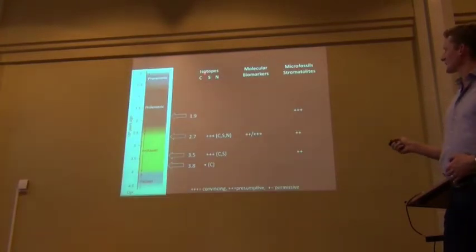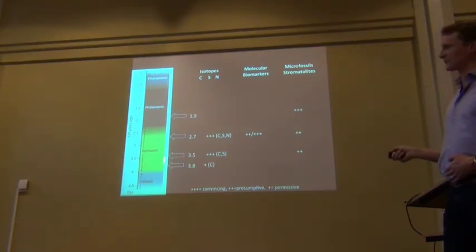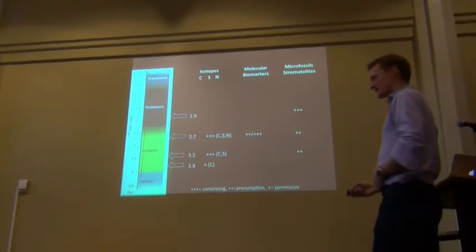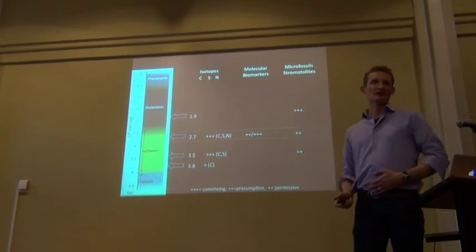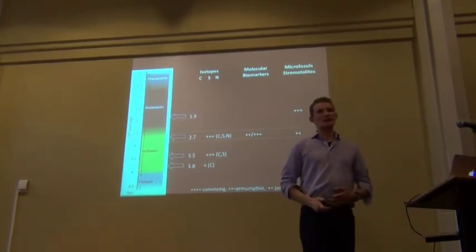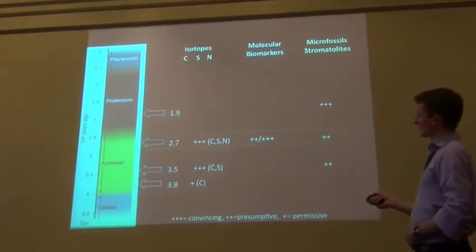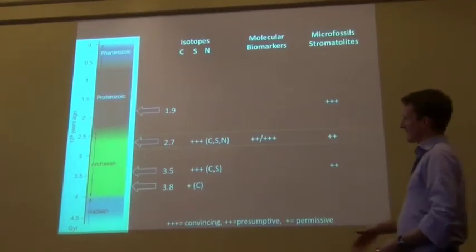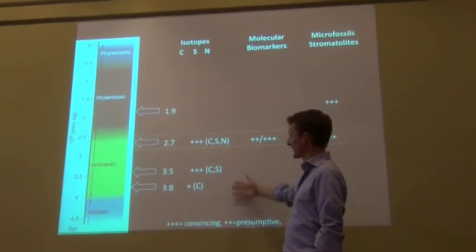And when we do that, here we have our isotope data, here are our molecular biomarkers, and here are our microfossils. We can put all of that information together and then try and work out when life appeared in the rock record. And if we do that, we have very convincing evidence that we had life 2.7 billion years ago. And if we go before 2.7 billion years, we have a lot of question marks. It becomes a lot less clear what's going on down here.